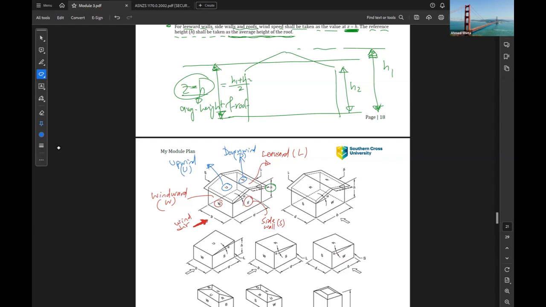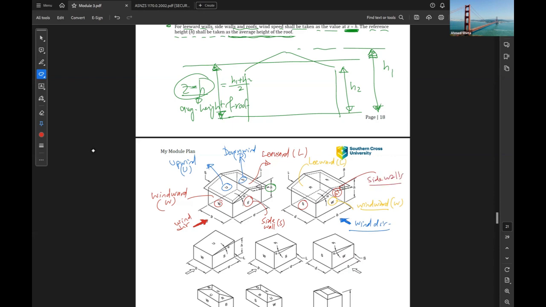The other case, if we have the wind coming from this direction. So again, the wall facing the wind is called windward. So the other side will be leeward, L. And the two walls here are side walls.